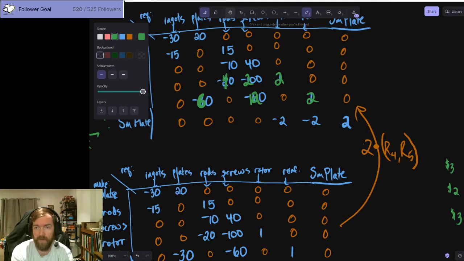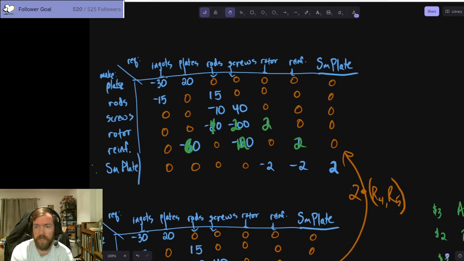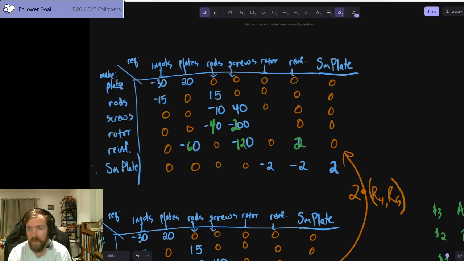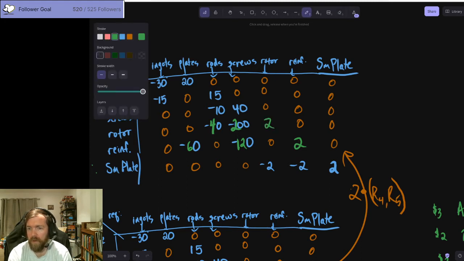Okay, now, in order to get all of that, in order to balance all of that correctly, this one needs to be multiplied by quite a lot.